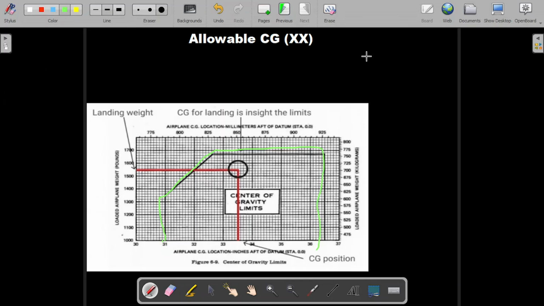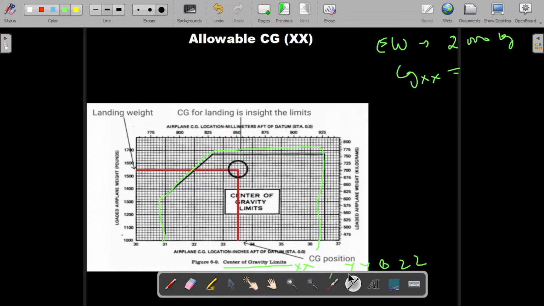As we have seen, the empty weight of the aircraft was 2000 kgs, with which the CG in xx direction was, so this is a center of gravity limit in xx direction. Similar box is given for the yy and zz direction, lateral and vertical position.